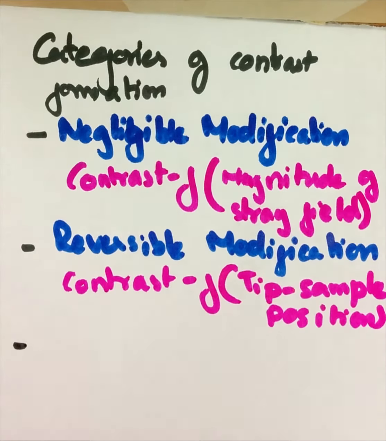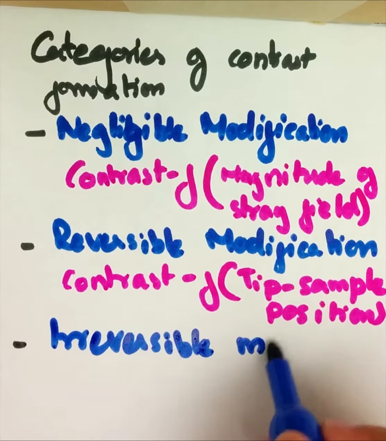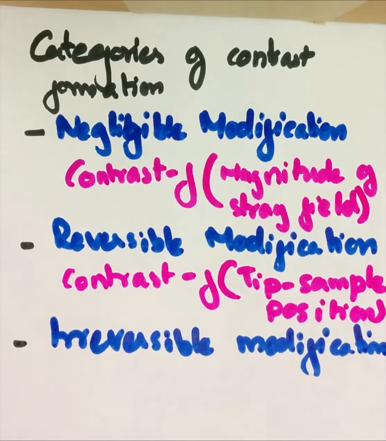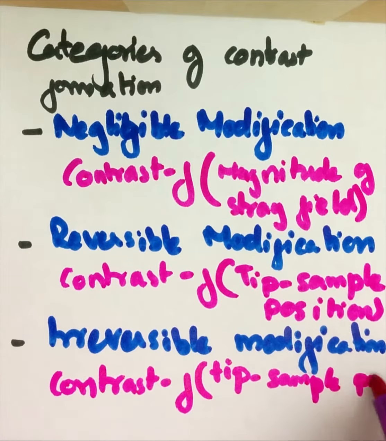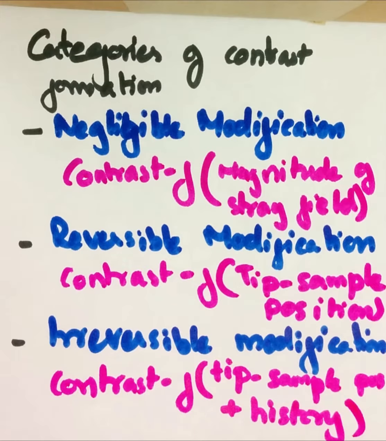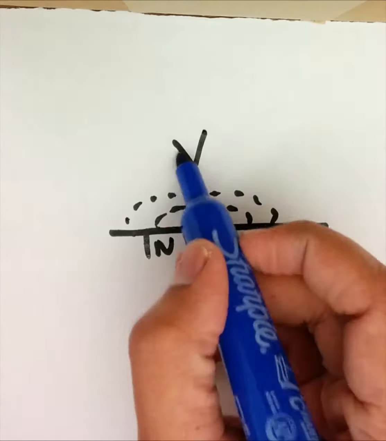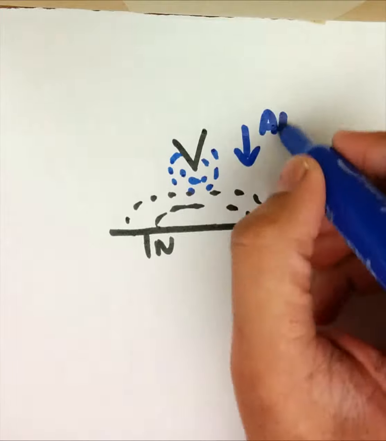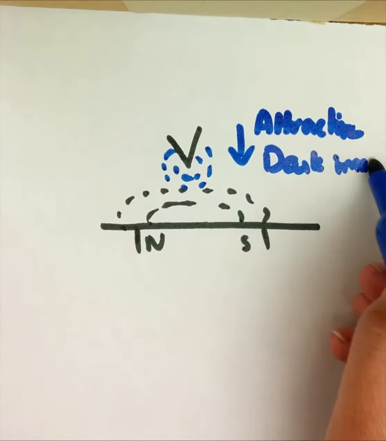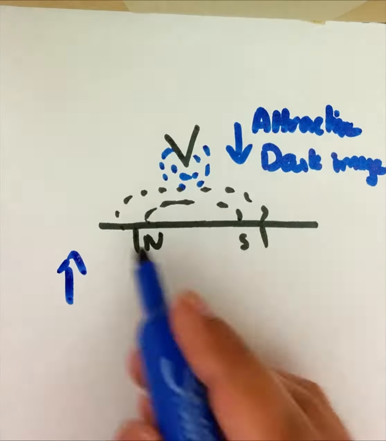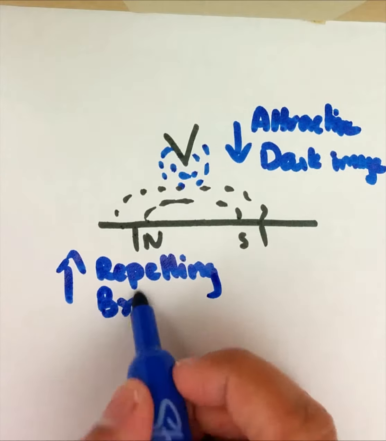In irreversible modification, the interaction of the tip and the sample causes an irreversible change to the tip sample position. In this case, the contrast is not only a function of the current tip sample position but also of its previous state. In general, attractive interactions between the tip and the sample result in darker parts of images, and repulsive forces between the tip and the sample cause brighter images.